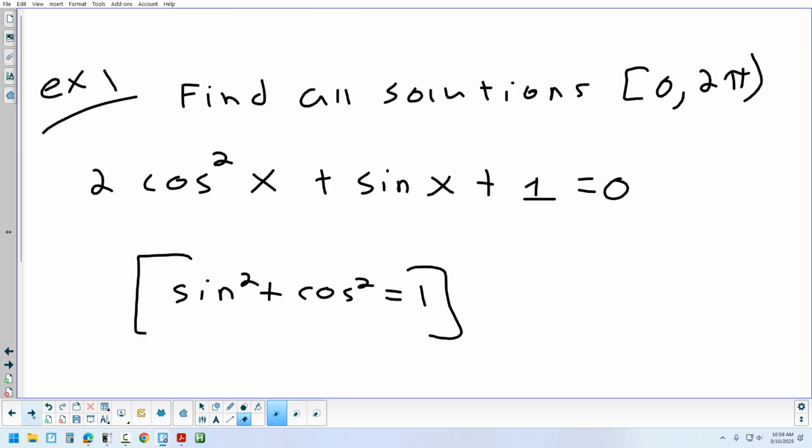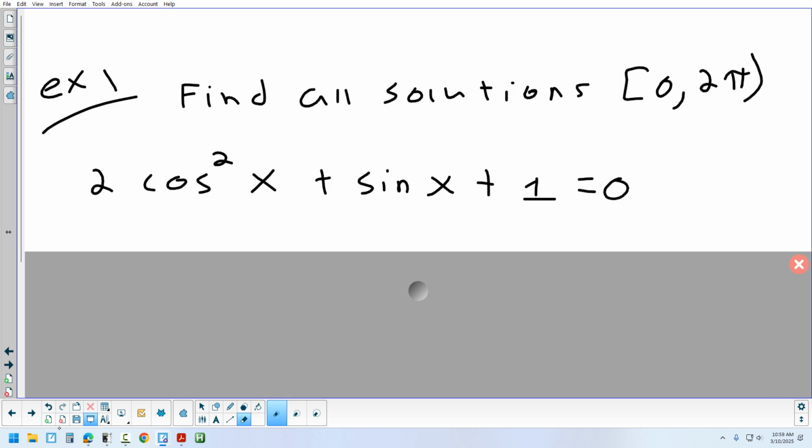Okay, here's our first one. We're going to solve that equation. That equation kind of fits a type of equation we've talked about. We talk about it a lot in Algebra 1. And we talked about it earlier this year as well. That kind of looks like what type of equation? Polynomial.